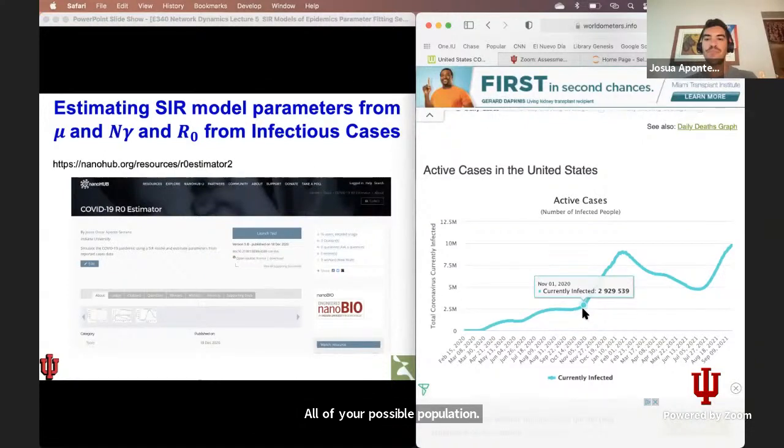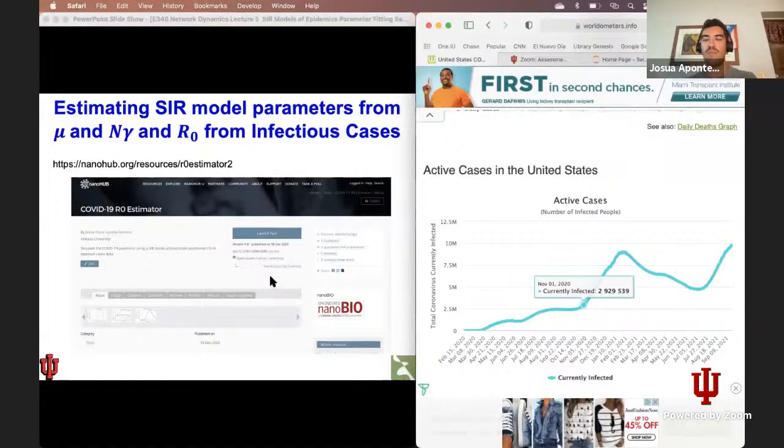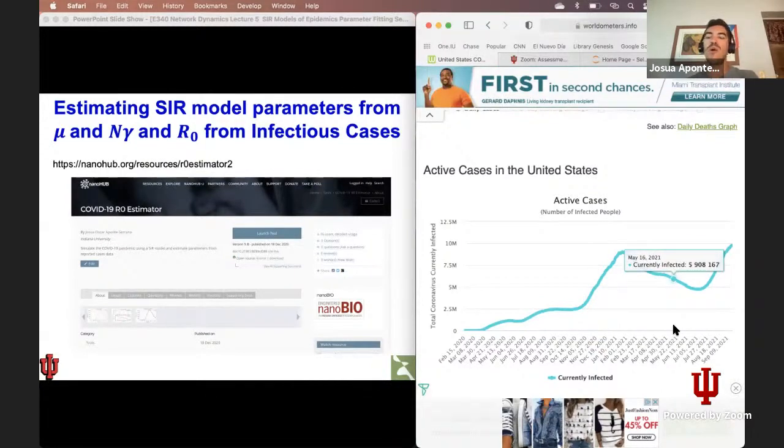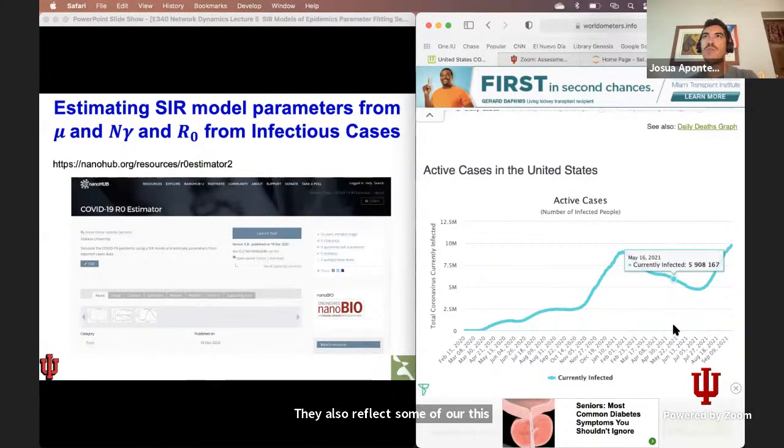In reality, there are seasonal effects associated with endemic diseases, but also with ongoing epidemics. Some of these waves do reflect changes in public policy decisions as well, so they might not be entirely seasonal. They also reflect our decisions in terms of what containment measures are being implemented.